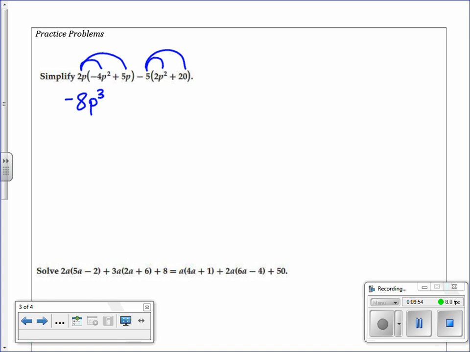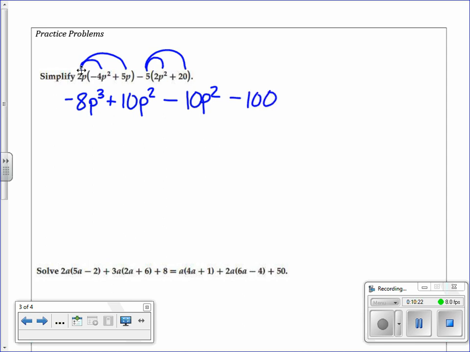P times p squared gets me p to the third. Plus 2p times 5p gets me 10p squared. Then I have negative 5 times 2p squared, so that's going to be negative 10p squared. And then negative 5 times 20 gets me negative 100.